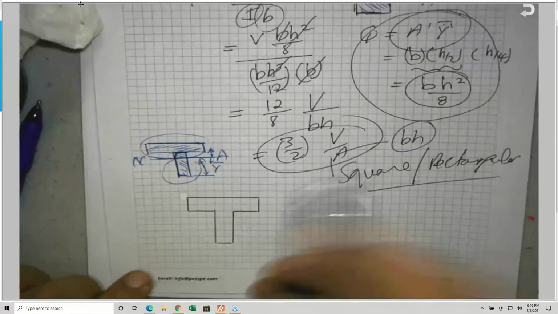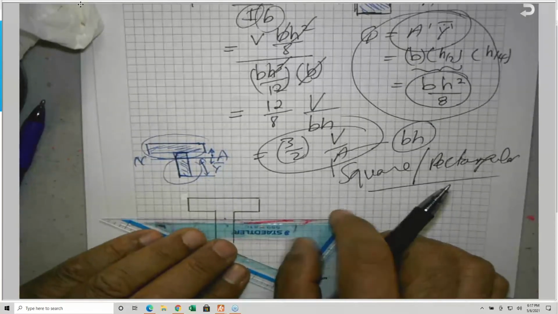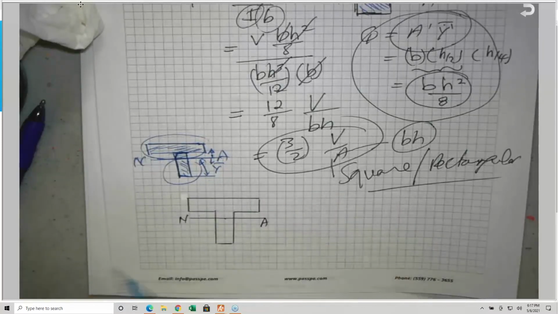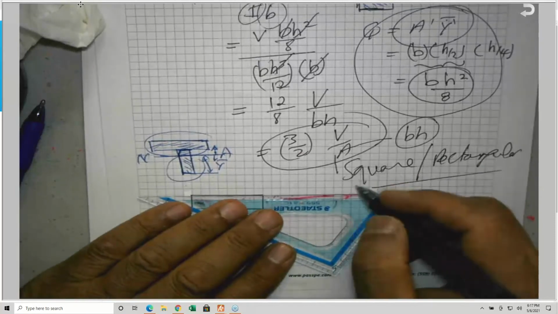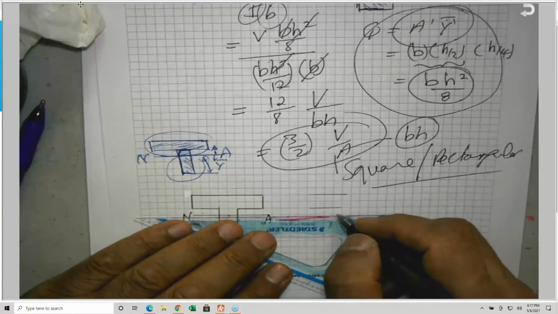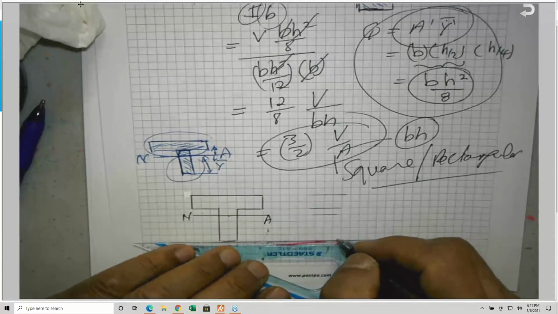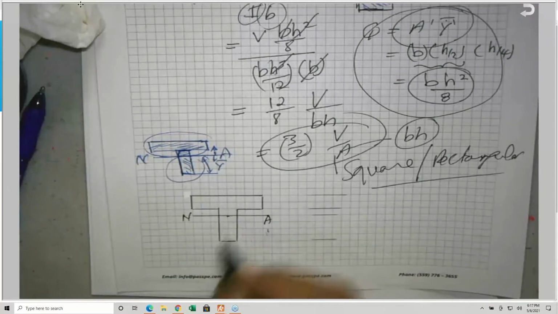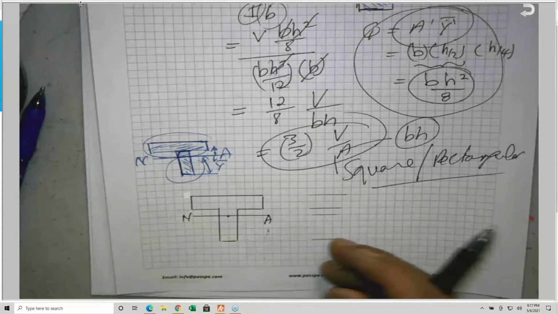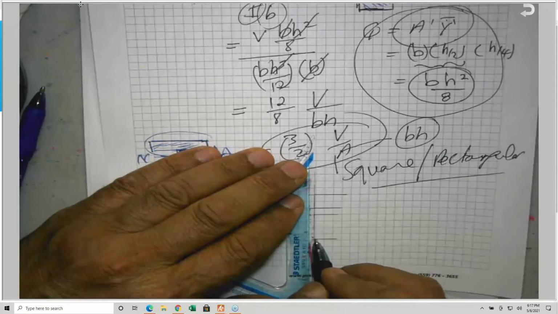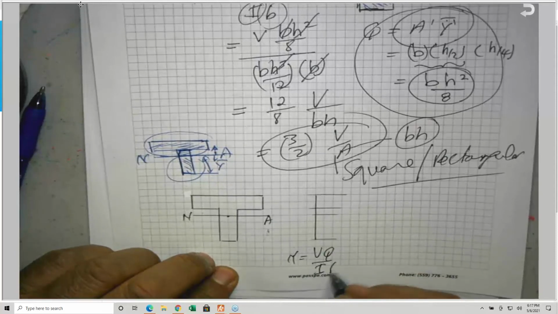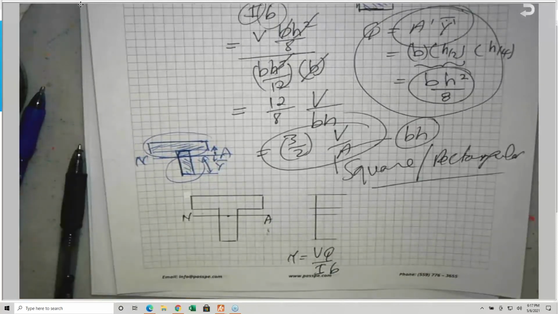So the neutral axis is somewhere here, where the maximum shear stress will be. I estimated the neutral axis to be here. I don't have the exact location because I don't know the dimensions. So the equation tau equals VQ over IB will give us the following distribution.